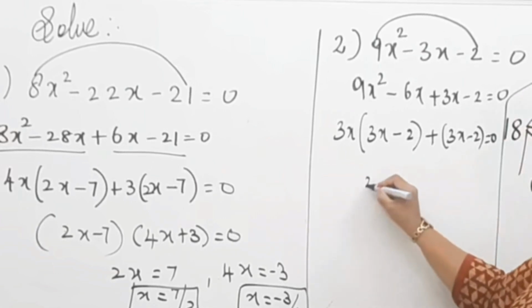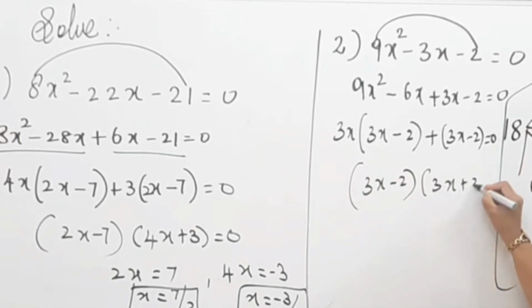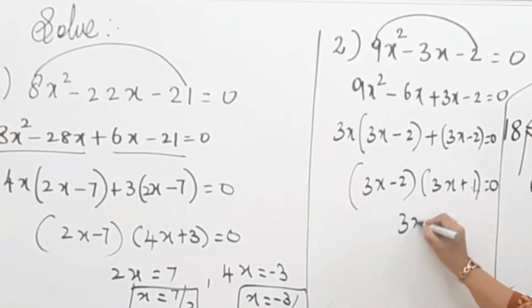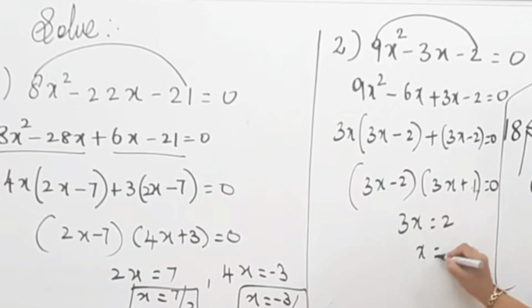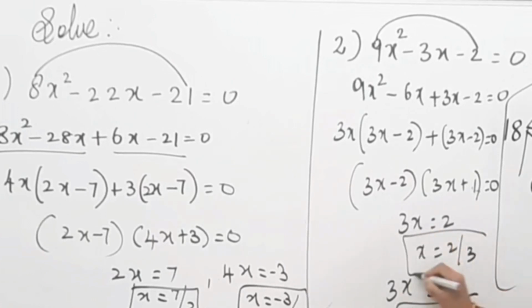So I would have 3x minus 2 into 3x plus 1 equal to 0. Each is equated to 0, so x is equal to 2 by 3 and 3x is equal to minus 1, so x is equal to minus 1 by 3. So I got my values for x.